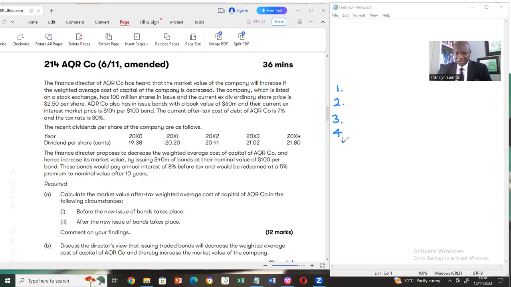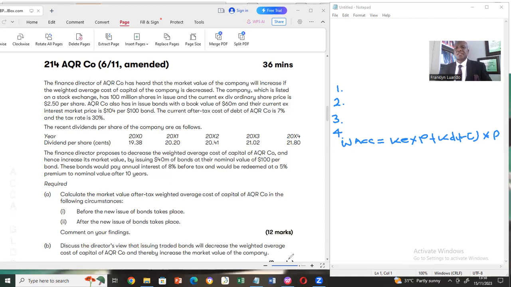And the WACC, the easiest or simplest method: WACC is equal to cost of equity multiplied by the proportion, plus cost of debt, (1 minus T), multiplied by the proportion.